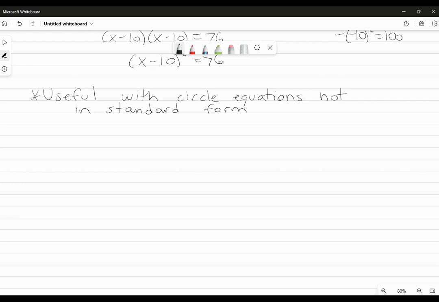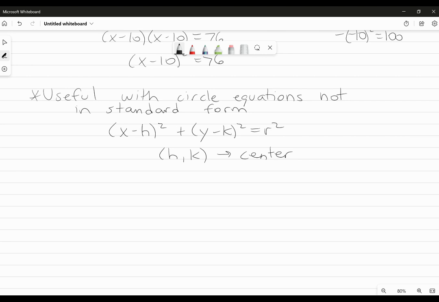So remember, standard form for circle equations are when we have equations that look like this, and we know where the center is, and we know what the radius is because of that equation. Remember, the center is just h comma k. If you don't have equations in that form, you can turn them into that form, and then you can tell us the center or the radius of that circle.